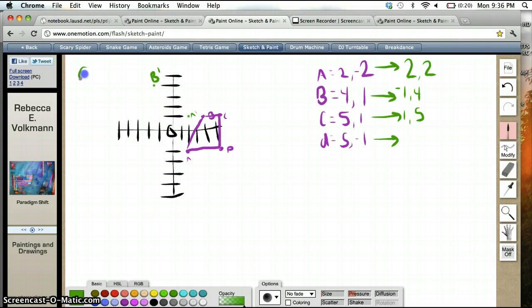So we're only going to go over one coordinate plane. So let's go 1 and up 1, 2, 3, 4, and 5. So this is our new coordinate point. And again, that's (-1, 5).